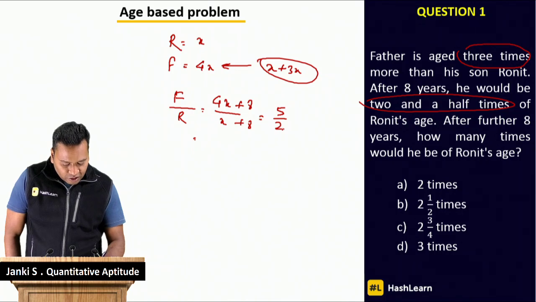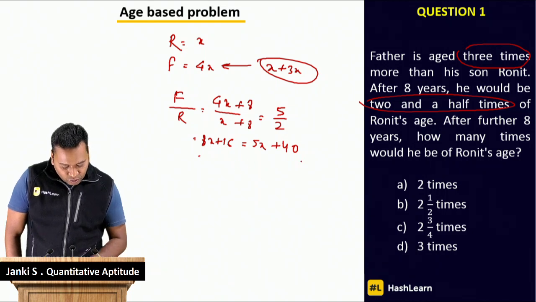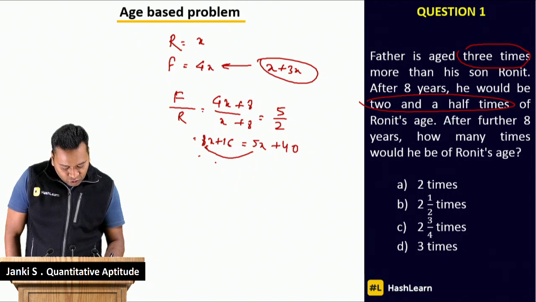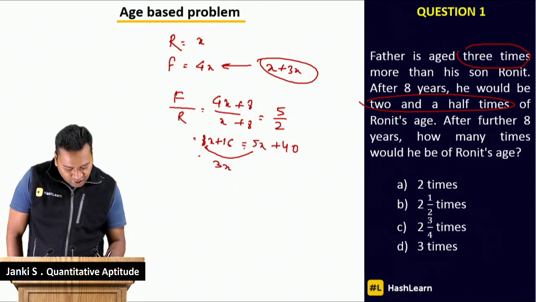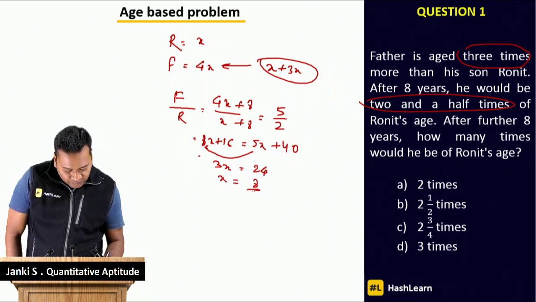So let's try to find out the value of x here. So 8x plus 16 is equal to 5x plus 40, right? Now I'll subtract this value here. So 3x should be equal to 40 minus 16, 24. The x value is nothing but 8, right?